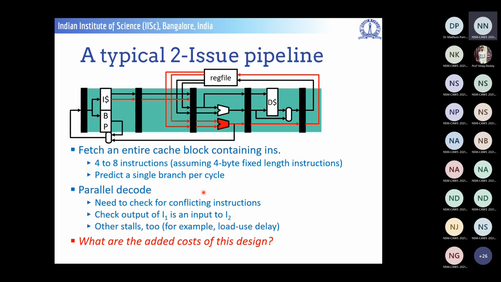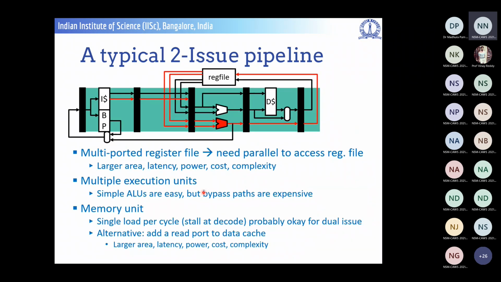Okay, so the question is, if you try to do all of these, what are the hardware costs that get added? The first thing is that we can now see so many lines coming out of the register file.